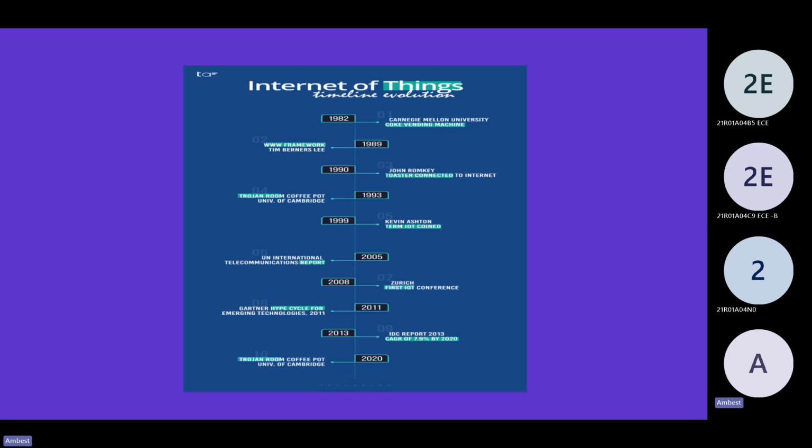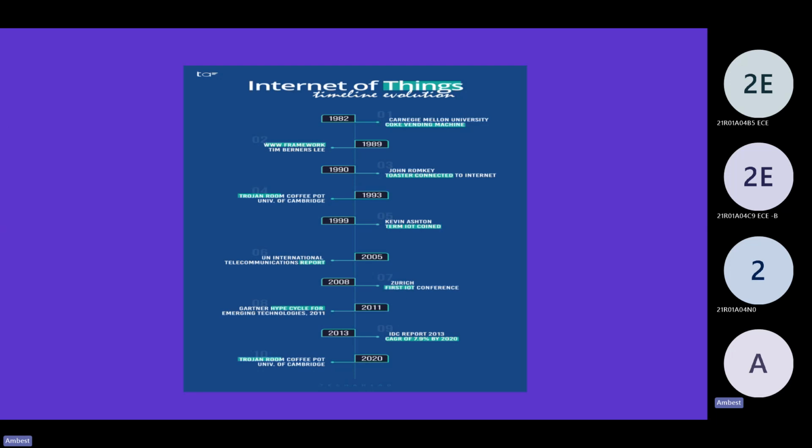John Romkey toasted that connected to the internet, and he also brought up how to start and stop the server. Then later came the coffee story, whether the coffee was hot or cold. Then Kevin Ashton termed the coin IoT, the Internet of Things.